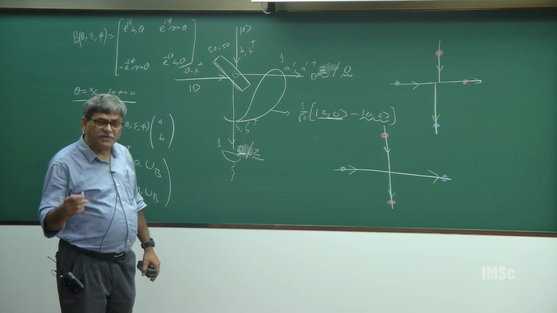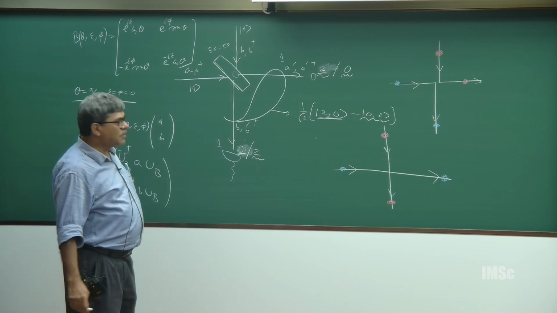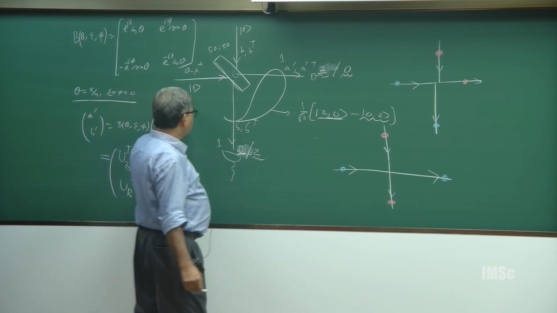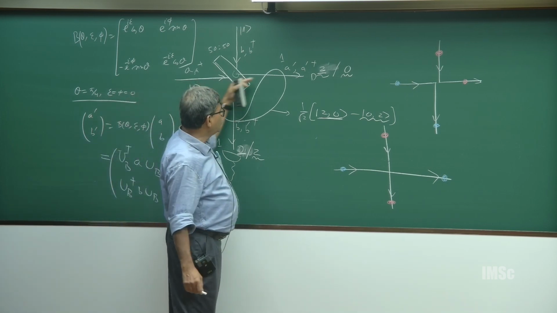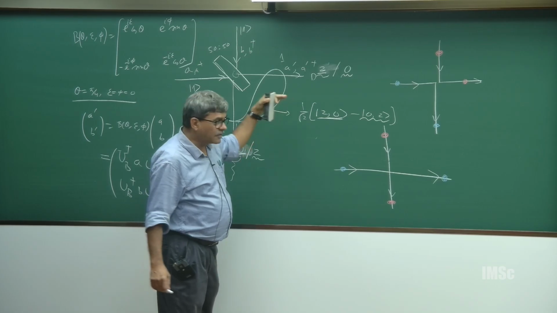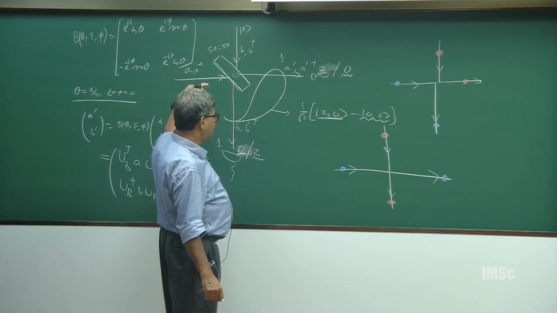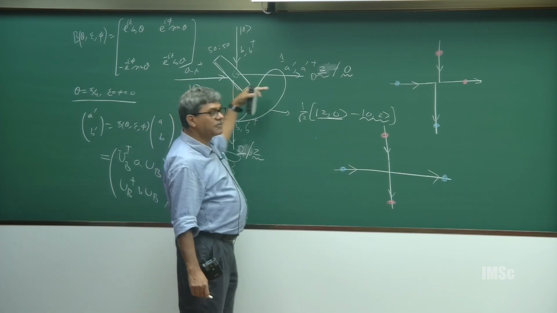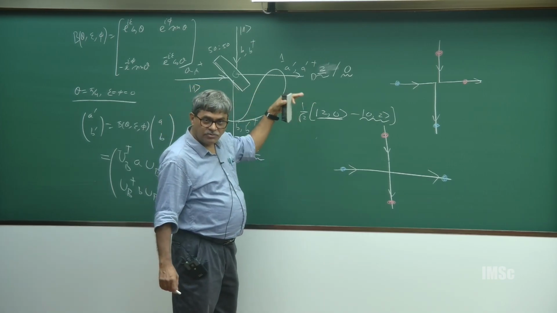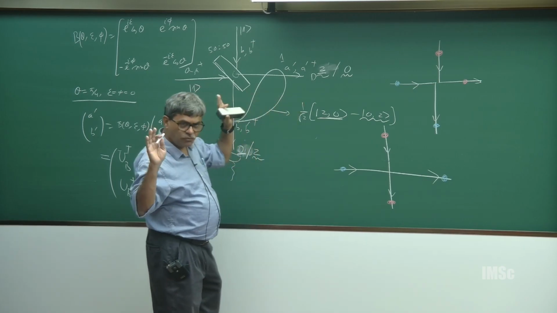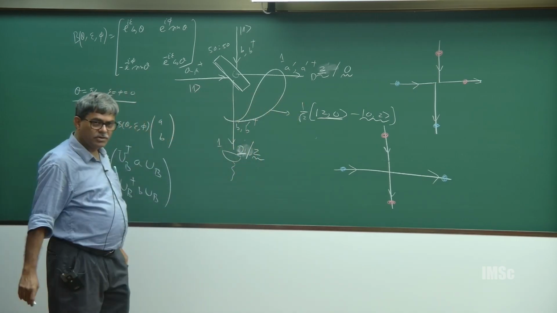So, we will have to take a phase convention. The phase convention is that if a photon passes through this, that means it transmits, then we will have a negative sign, it will take care. This is just a convention, you can choose any other convention also.